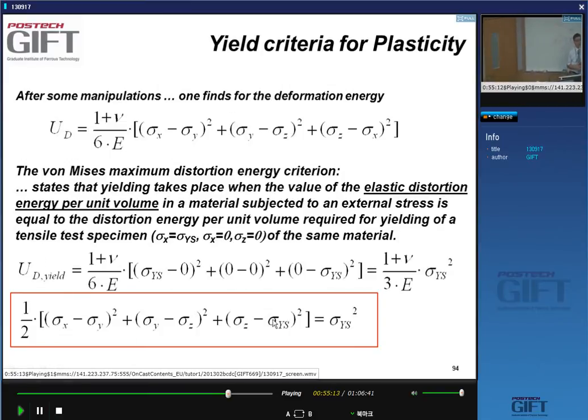This factor here: sigma x minus sigma y squared, sigma y minus sigma z squared, and sigma z minus sigma x squared, should be here, not yield stress squared, is equal to the yield stress squared. So please correct this in your notes. This should be sigma x.